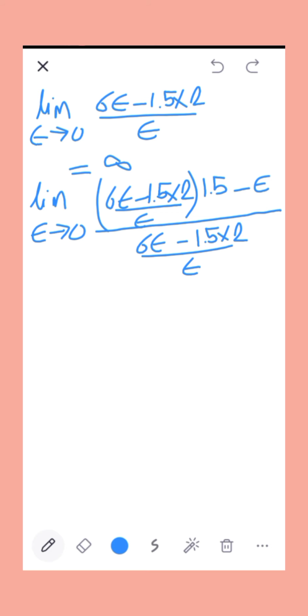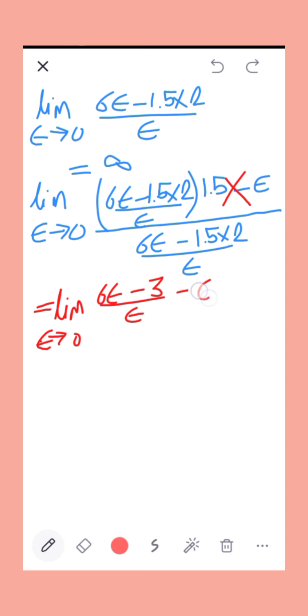First, don't put the limit directly. First cross multiply and simplify. So limit epsilon tends to 0 of 6 epsilon minus 3 epsilon minus epsilon.